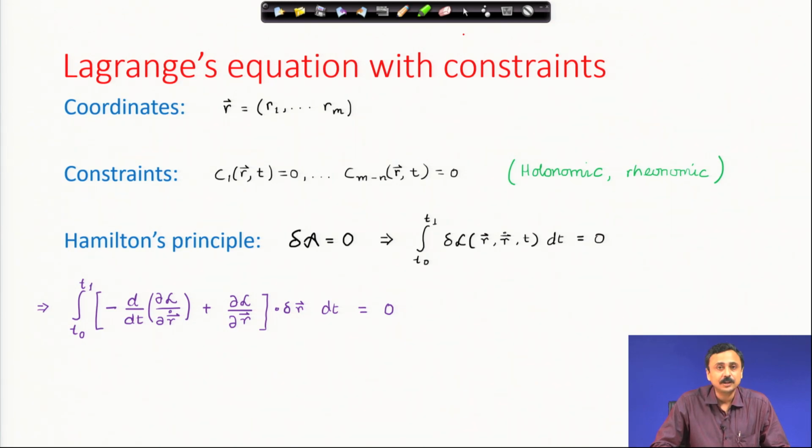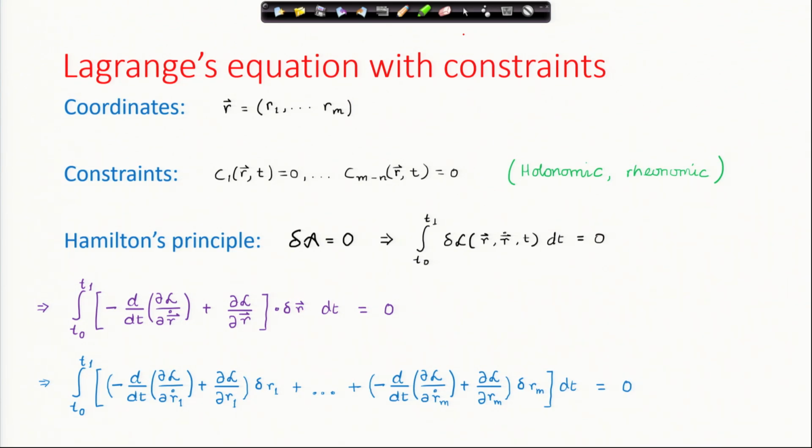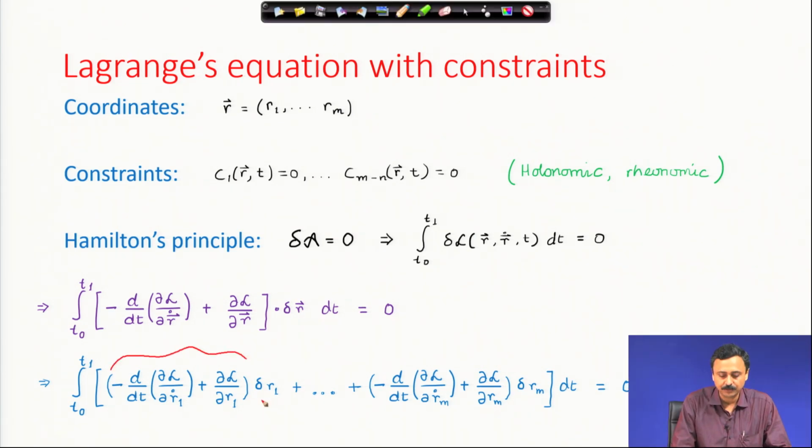But these delta r's are not independent, remember, because we have constraints. I have now written this dot product in a detailed form. For example, this first term corresponds to the first generalized physical coordinate, the variation in the first physical coordinate, or the virtual displacement in the first physical coordinate direction.